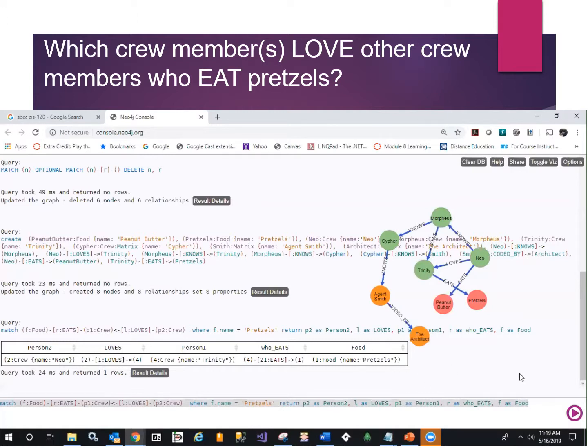And we can chain those out through many, many chained relationships, and the efficiency doesn't really get impaired.